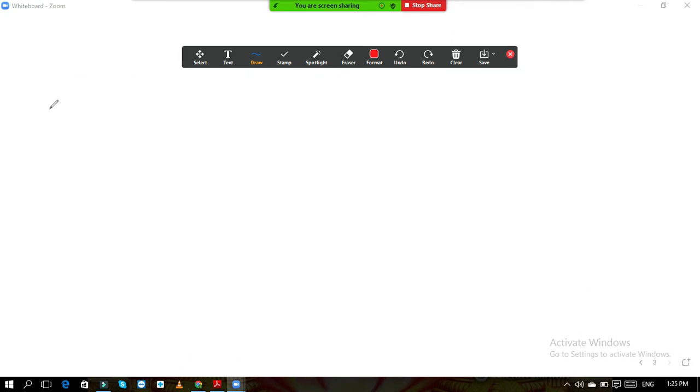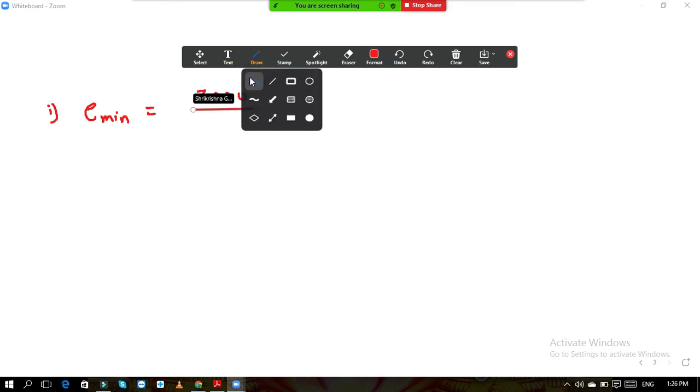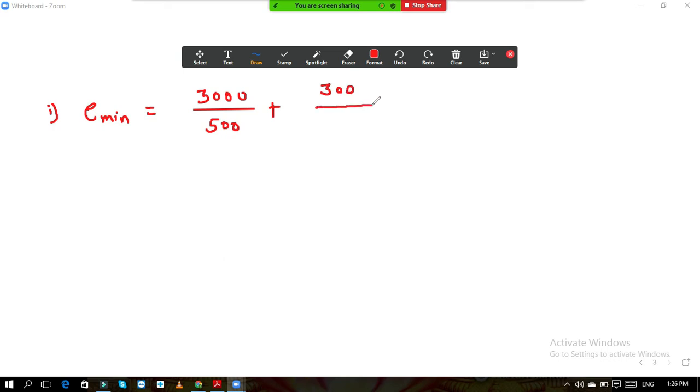So first, E minimum is equal to L effective, which is 3000, divided by 500 plus, first we will put the value of B, 300 divided by 30. So solve this. The answer is 16 mm.